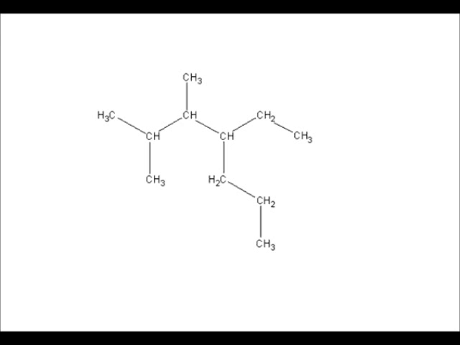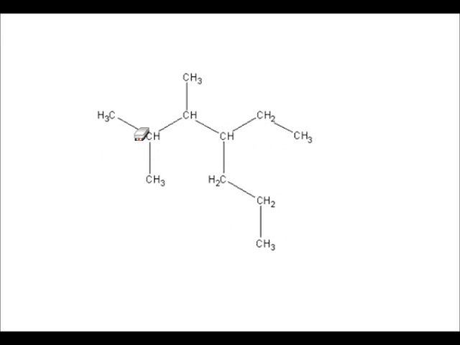Okay, so in this example, as you can see again, we've got 3 branches attached to the longest carbon chain. However, don't just assume that the longest carbon chain is just going to go from left to right. In this case, 1, 2, 3, 4, 5, 6 carbons. If that were the case, we'd have a methyl and a propyl group attached.